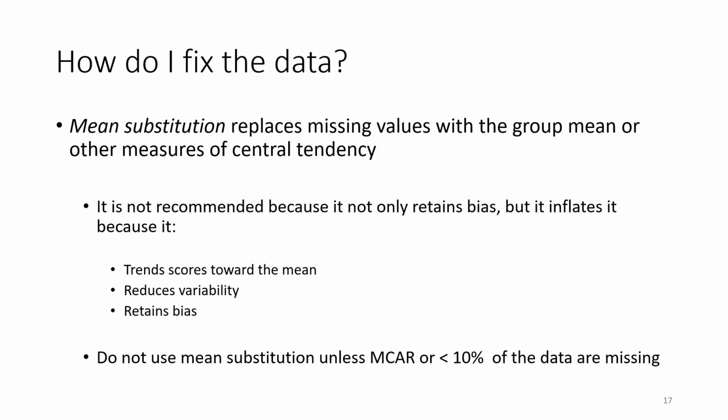The second approach to treating missing data is known as mean substitution, and that essentially replaces the missing values with the group mean or other measures of central tendency. So, for example, in SPSS MVA, they provide several different approaches to doing mean substitution.